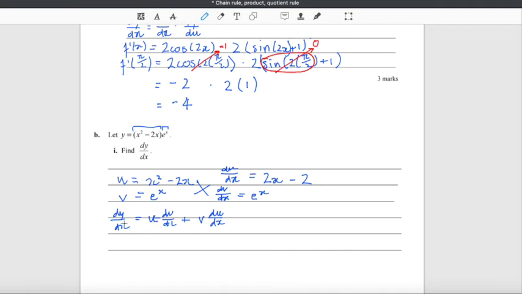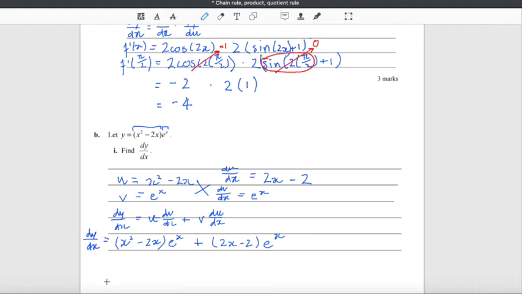There we go. So it'll be x squared minus 2x times e to the power of x plus v du dx. Well, that's 2x minus 2 times e to the power of x. So that's dy dx, which is the format they want it in. So dy dx equals that.